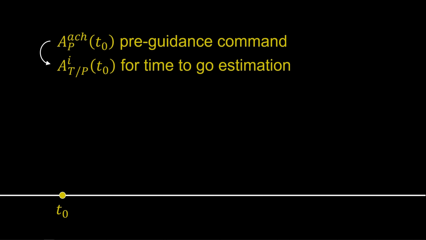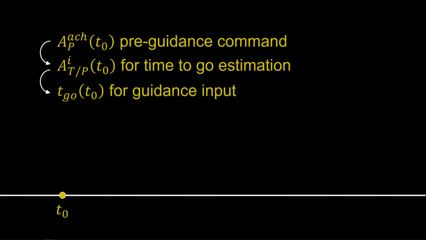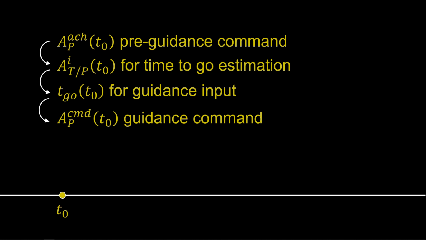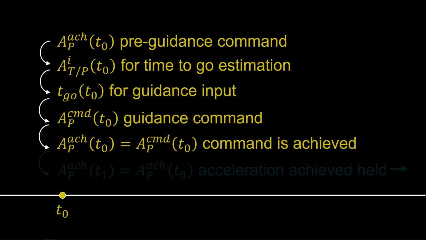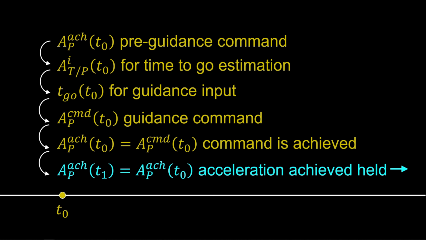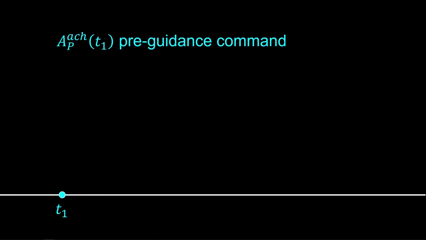Time-to-go is estimated and then input to the guidance law. The guidance law produces the acceleration command. That command is assigned to the achieved acceleration because we assume an ideal vehicle response. And finally, the next time step starts at the achieved acceleration of the present time step. Then the process begins again.